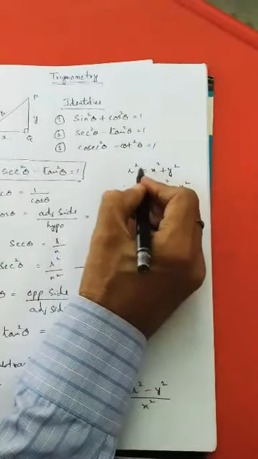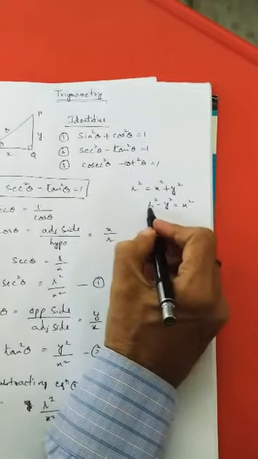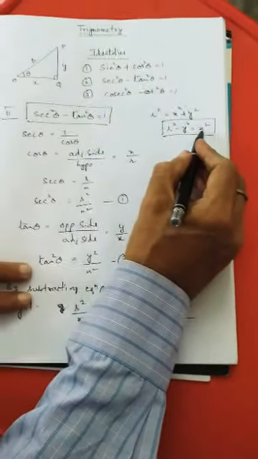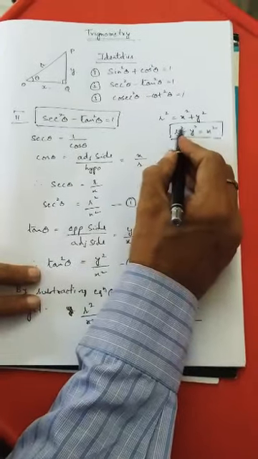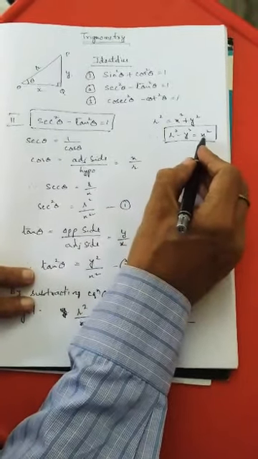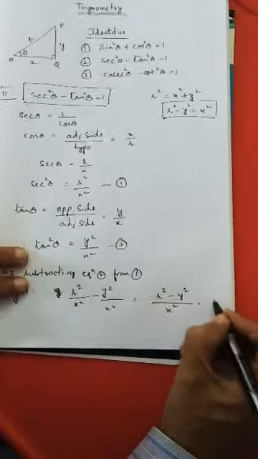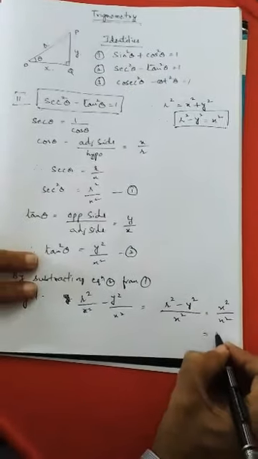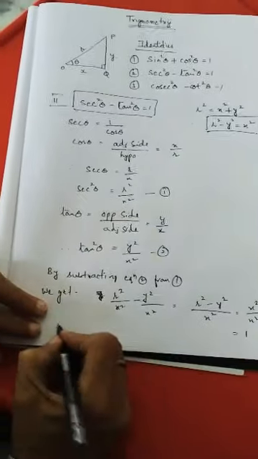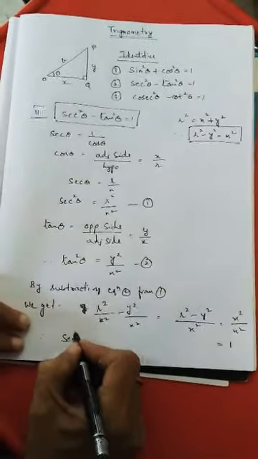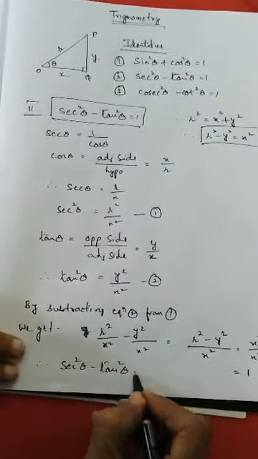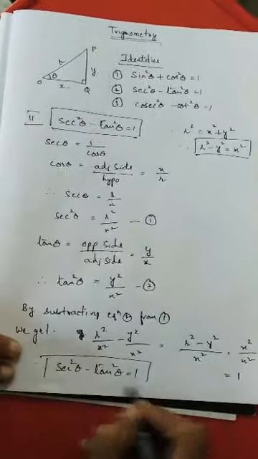If you bring y square here, this will become r square minus y square is equal to x square. So in place of r square minus y square, we can substitute x square in this equation. So x square by x square is always equal to 1. Therefore we can say that secant square theta minus tan square theta is always equal to 1.